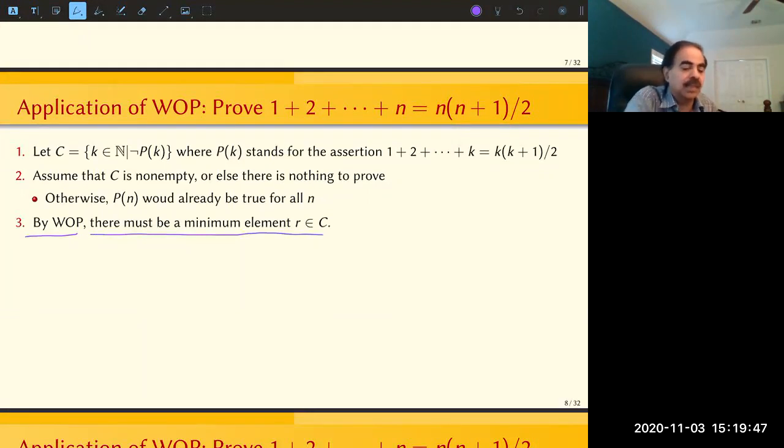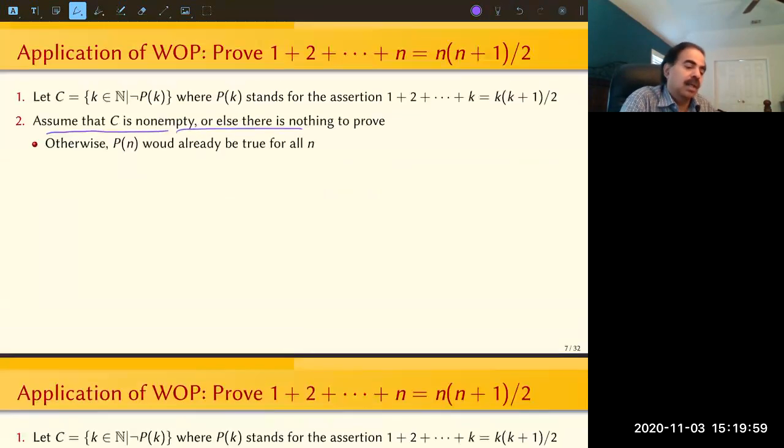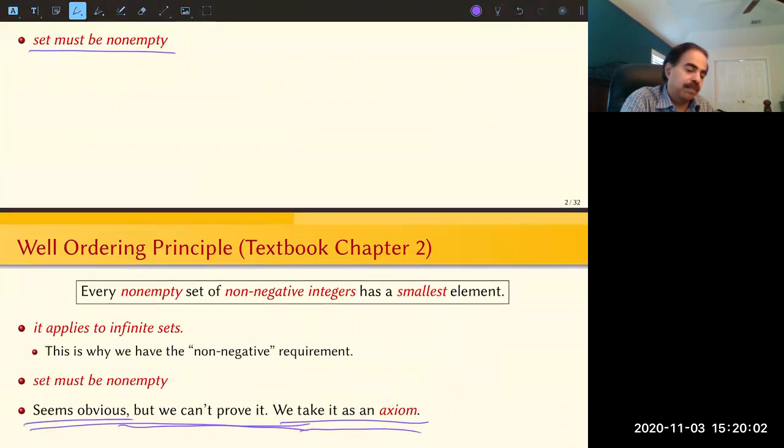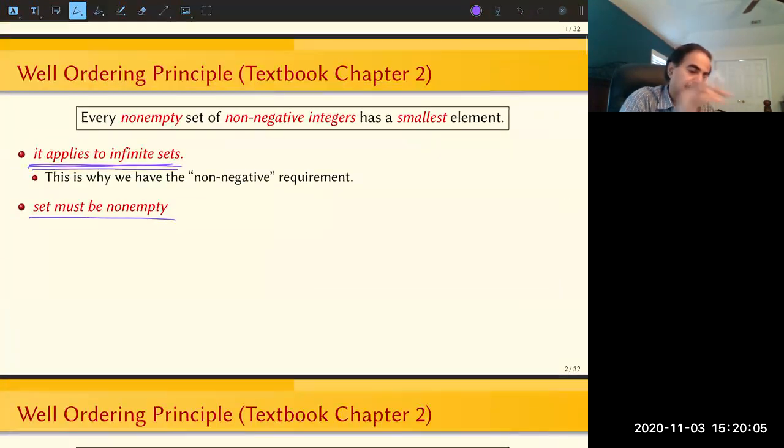Now, this is only because C consists of positive numbers. Remember the well-ordering principle: every non-empty set of non-negative integers has a smallest element. Obviously, if you take the set of all integers, there is no smallest element, because for any negative number you can find something less than it.